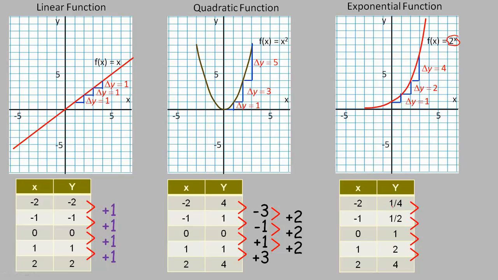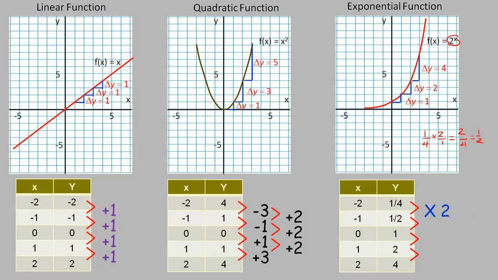So if I take this 1/4 and multiply it by 2, now 2 is the same as 2 over 1. So that gives me 1 times 2 is 2, and 4 times 1 is 4. So that's 1/2. So if I multiply 1/4 by 2, I get the next y value. So this is multiplying by 2.